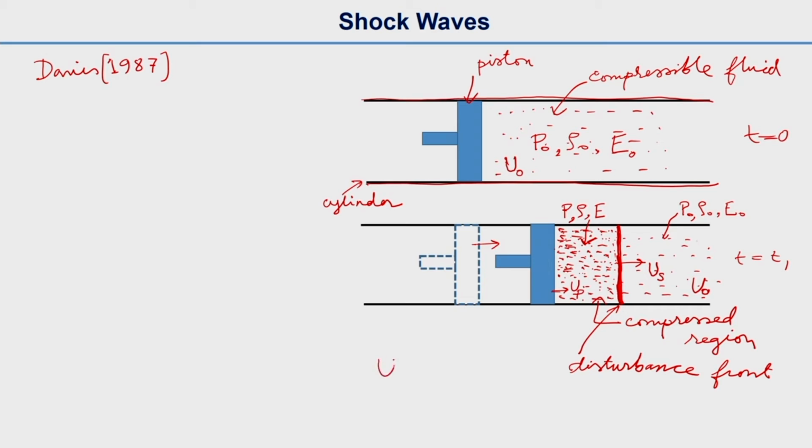So I will write here, up is piston velocity, and us is velocity of propagation of the disturbance.